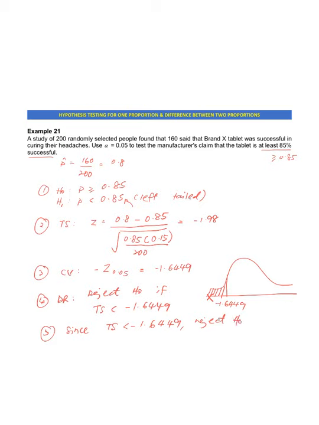Rejecting the null hypothesis means that P is less than 0.85. So the conclusion, in a sentence: there is significant evidence to indicate that the tablet is less than 85% successful.